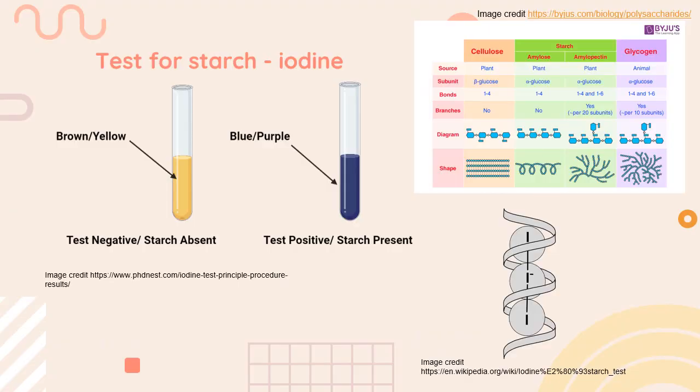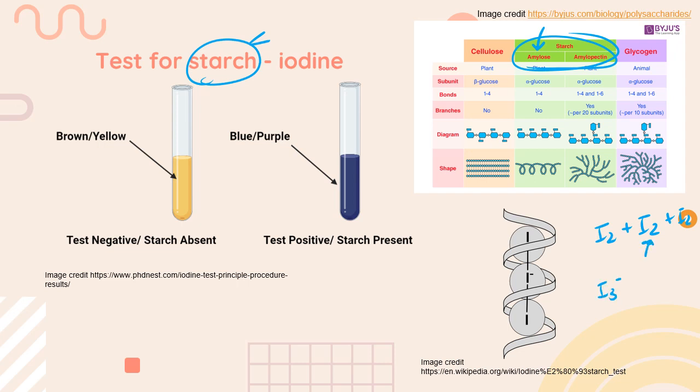So how do I know if I have starch? Starch, again, is the combination of amylose and amylopectin. How do I know if I have starch in a sample? So our test for starch is really just testing for amylose. What happens is we take some iodine, so iodine and more iodine. Actually, this guy will kind of break apart and we'll end up with I3, so triiodide ions, and these triiodide ions will kind of settle themselves right into the middle of the curlicue of amylose.